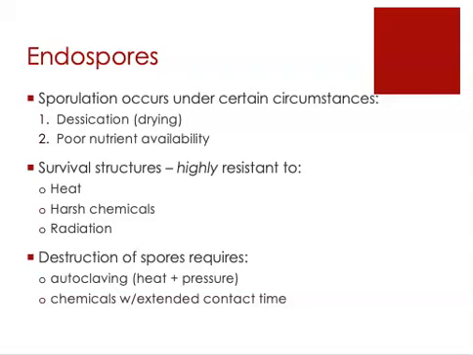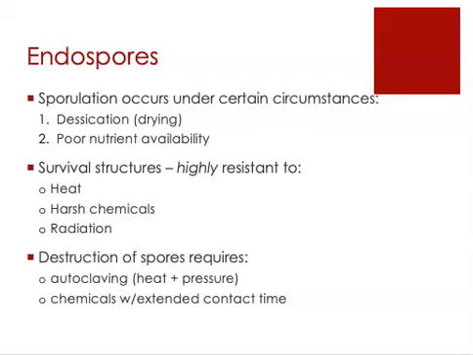The other thing that will do it is poor nutrient availability. If the cell finds itself in an environment where there is just not enough nutrients, that will trigger that cell to sporulate if it can. So spores are survival structures for prokaryotic organisms. They are inanimate. They are not really alive in that moment.